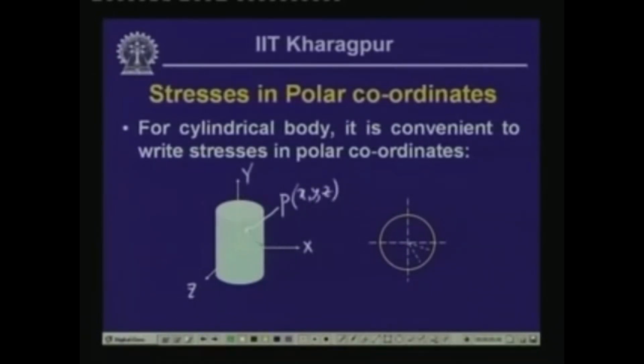Also, this particular point can be represented through another reference system. If we project this point on the x z plane and draw a line over here, and define this particular angle as theta, and this projected length is the radius vector r, and this distance is y, then the coordinates of this point can be expressed as a function of r, theta and y.